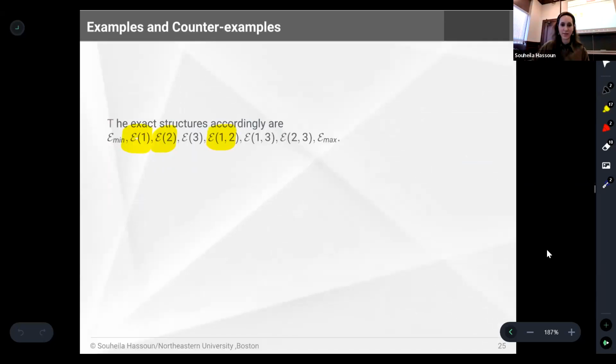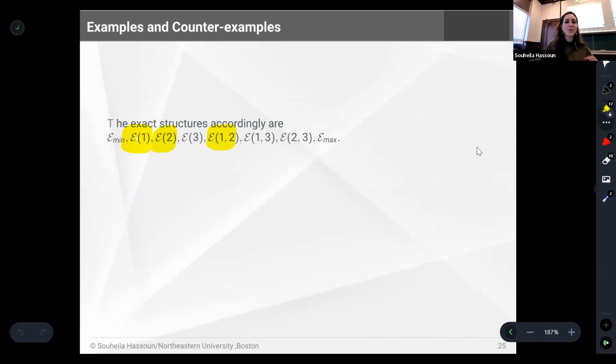Oh, what's wrong? Just give it a few seconds. Okay, it's working again. Let me share the screen here. Oh, it's frozen again. No. Okay, good. So we're back.